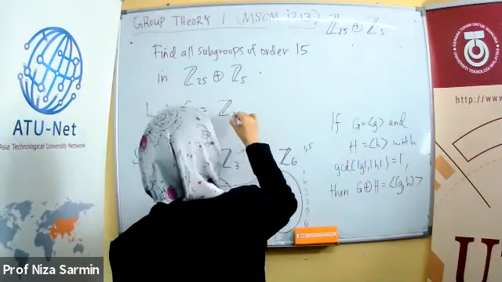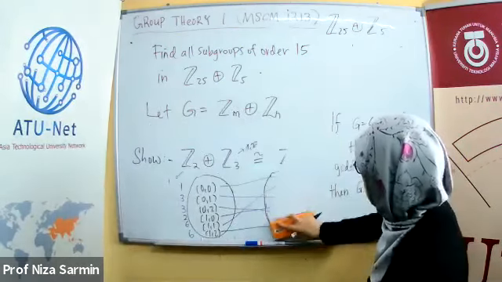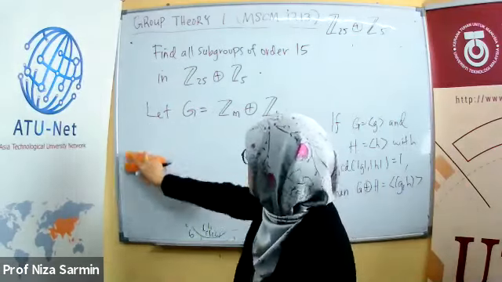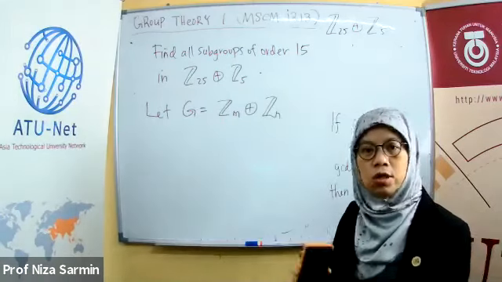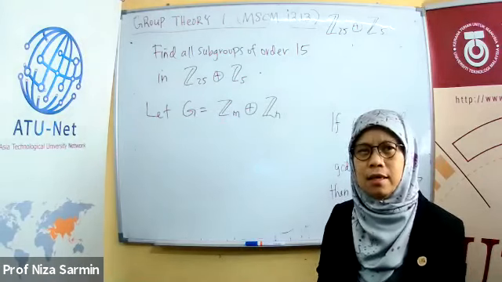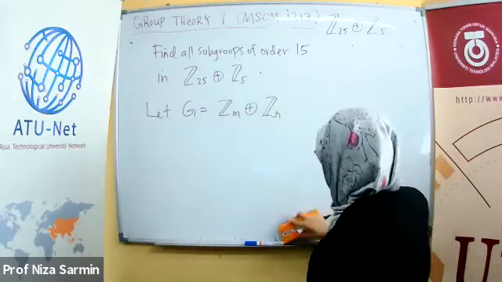One way to find a subgroup: say G is Zm plus Zn. If you realize, we're going to give examples only on Z, because it's much easier to find the order of the element. If I give you U or matrices, then it's not that straightforward to find the order.